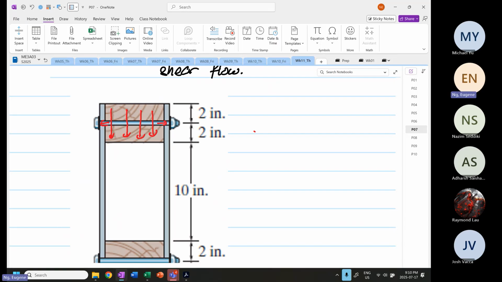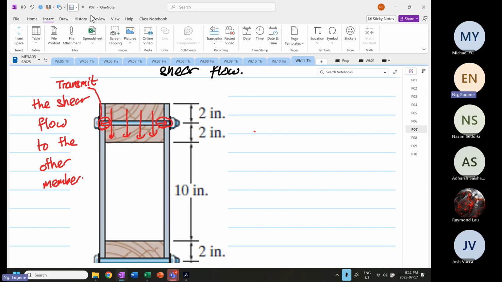So these 2 arrows over here transmit the shear flow to the other members.